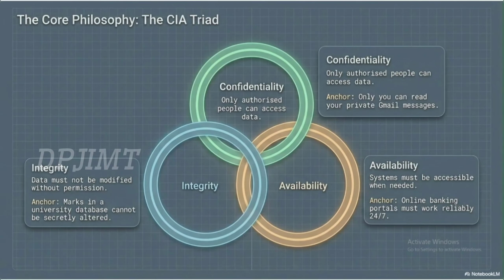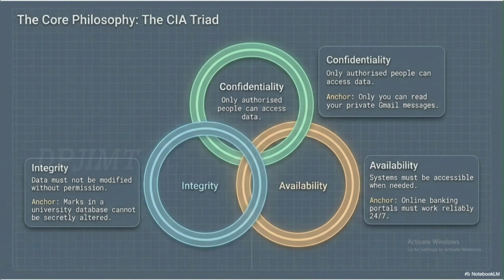As I already told you, the CIA triad is the main pillar of cybersecurity, consisting of confidentiality, integrity, and availability. Confidentiality means only authorized people can access data, such as only you being able to read your private Gmail messages.